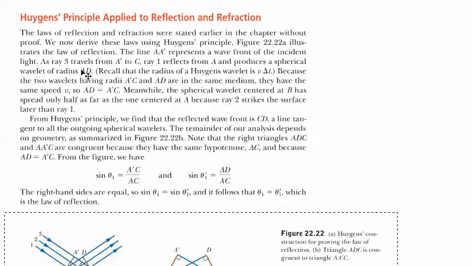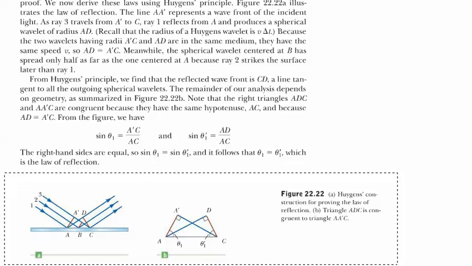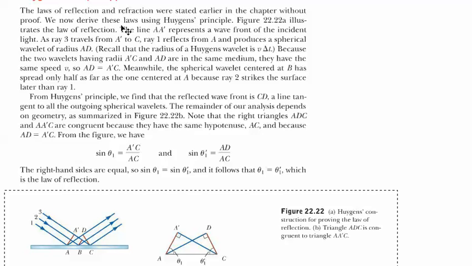But okay, now that I've worked out my own visual, I want to look at Huygens' principle applied to reflection and refraction in our textbook. It says the laws of reflection and refraction were stated earlier in the chapter without proof, but now we're going to derive these laws using Huygens' principle. Figure 22.22a illustrates the law of reflection.